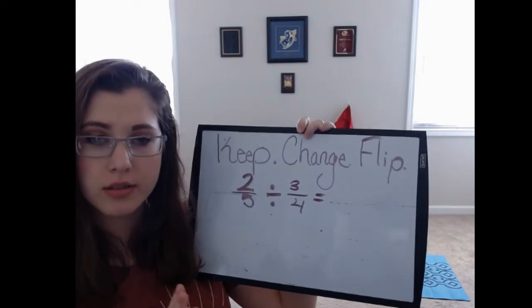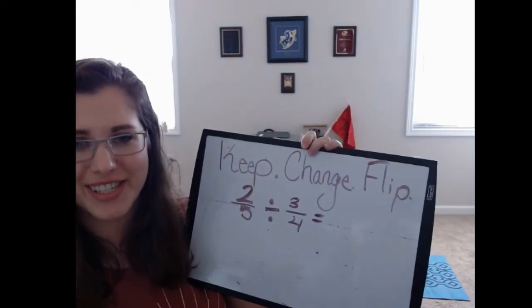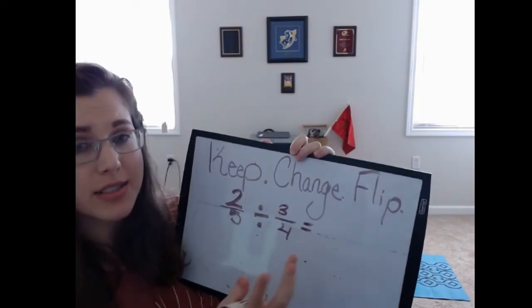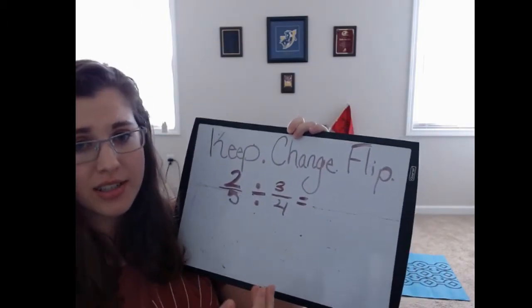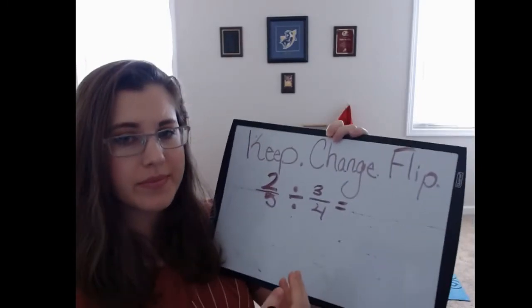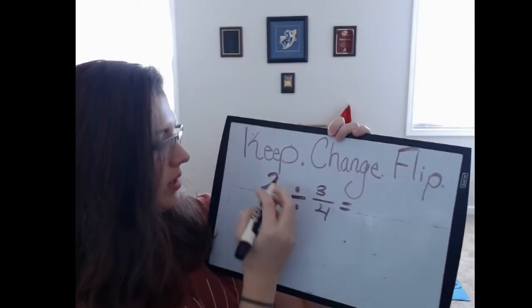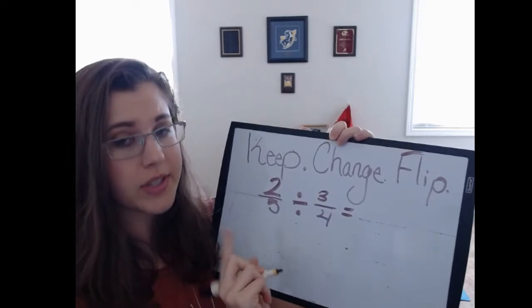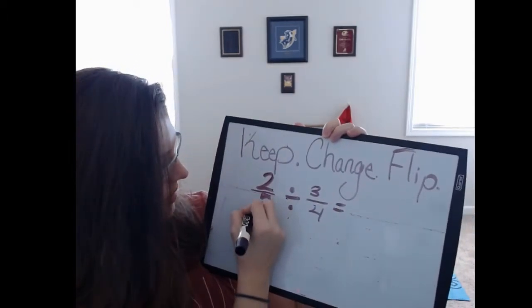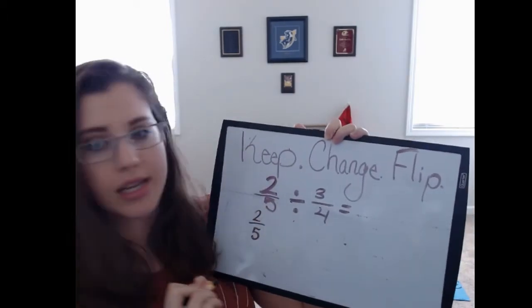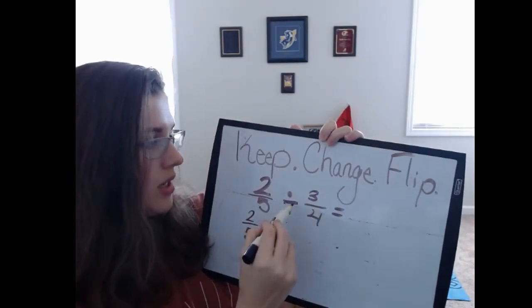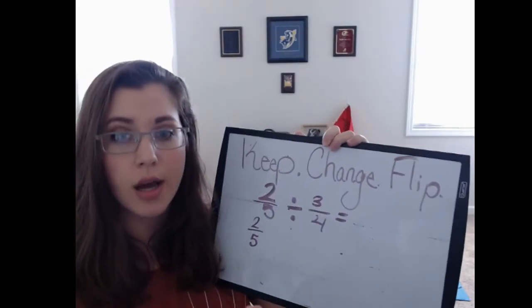According to Miss Saunders and the world, not just her, these are the only 3 things you need to do in order to figure out your answer. So first, we keep. Don't gotta do nothing to that 2/5. It's all right just the way it is. Change. I change my division sign to the opposite.